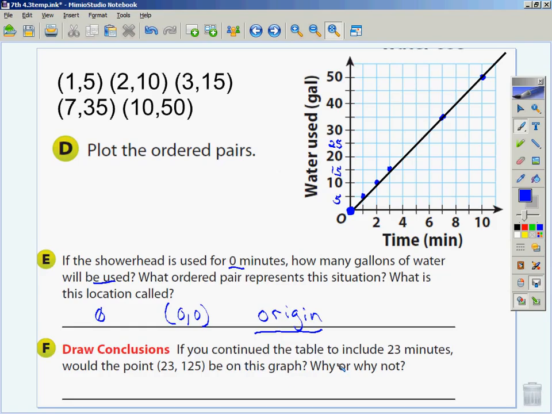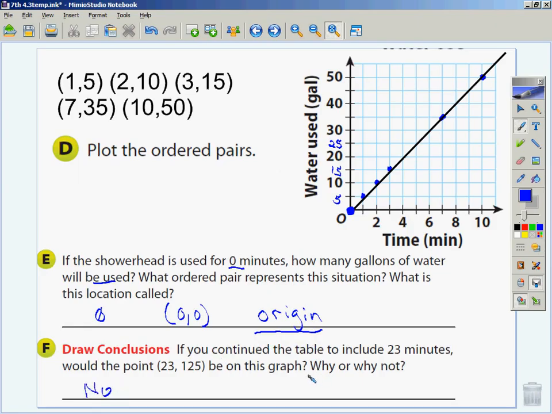If you continued the table to include 23, would the point 23, 125 be on the graph? Why or why not? You're shaking your head no, and you're right, it's not.